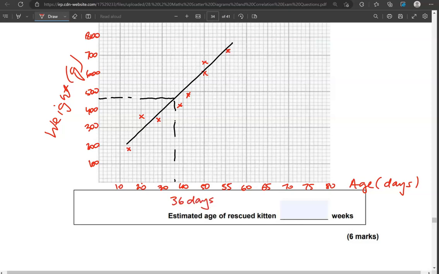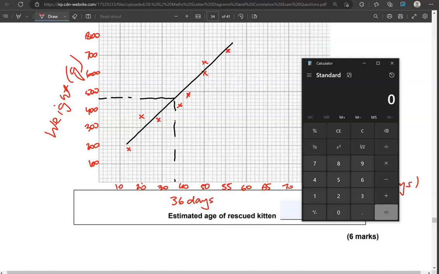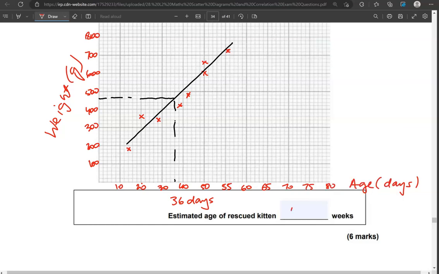We're going to give our answer in weeks. So what we're going to do is 36 divided by 7 gives us 5.14 weeks.